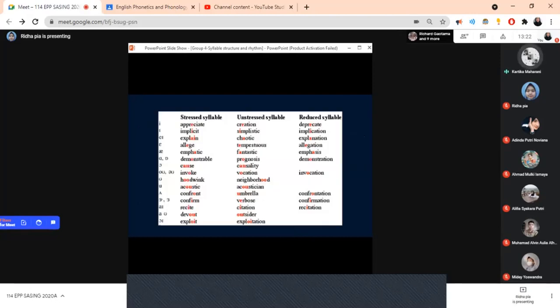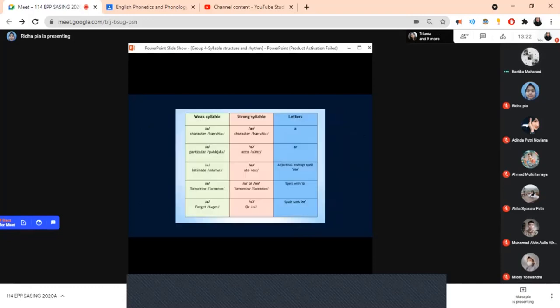So these are the examples of stressed syllable, unstressed syllable, and reduced syllable. Next, please. Again, these are the examples. Next, please.